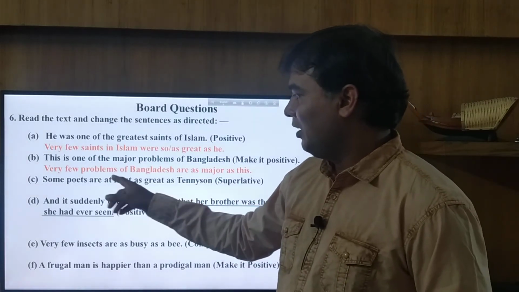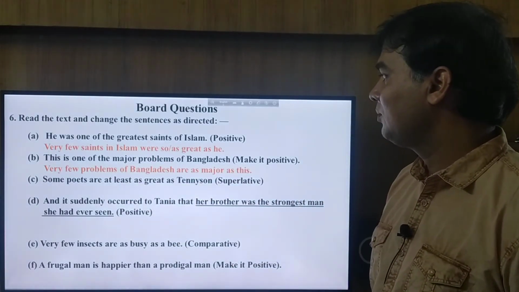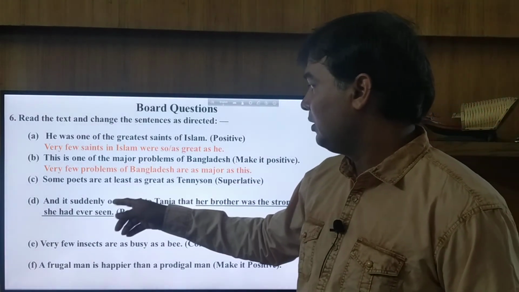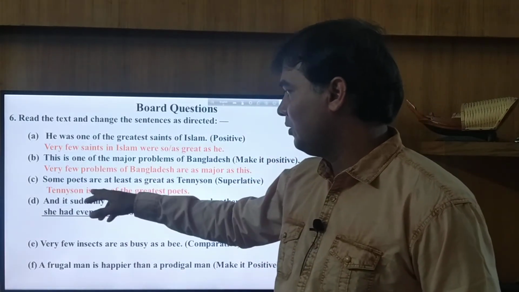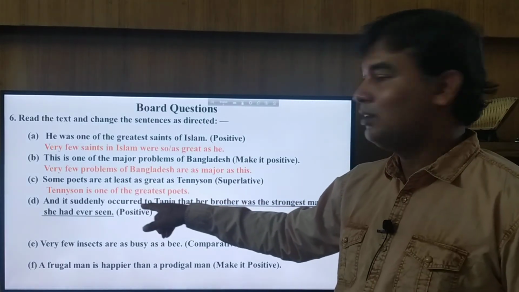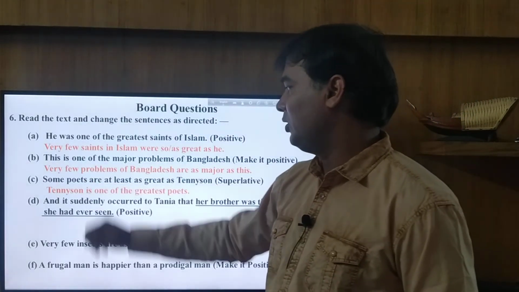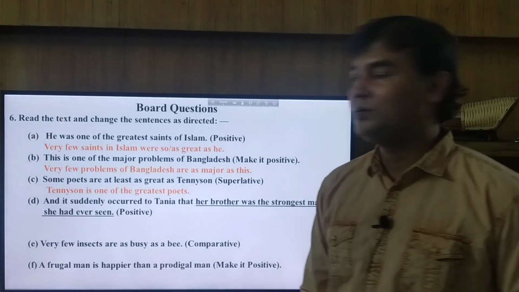So at least means one of the. So we can start this sentence with the superlative form. First of all we write the subject, Tennyson. Then the verb is, then we should write one of the, then the superlative form of great, greatest, and then poets. Tennyson is one of the greatest poets.